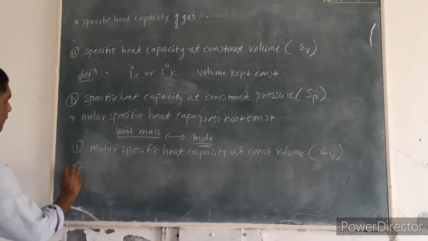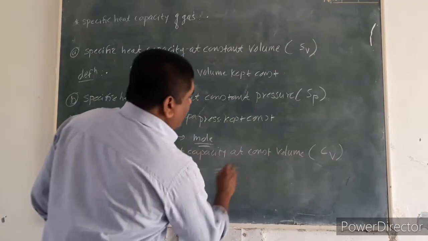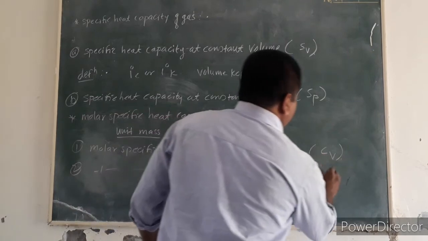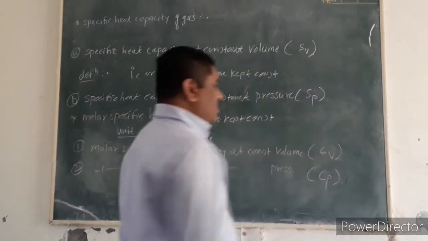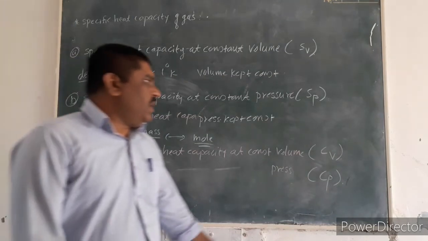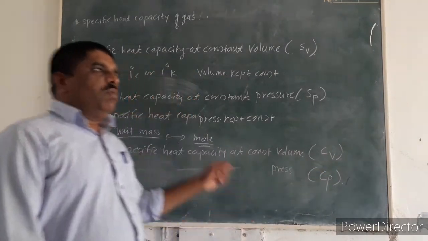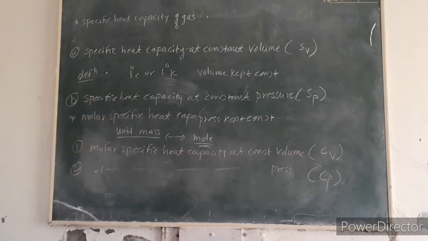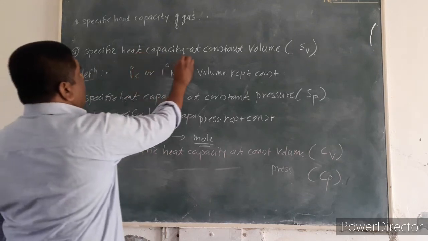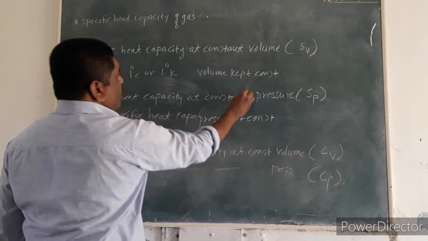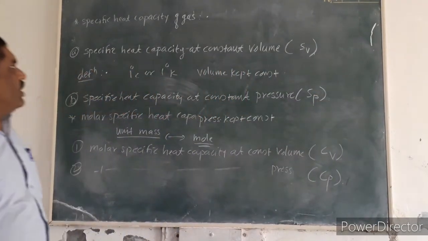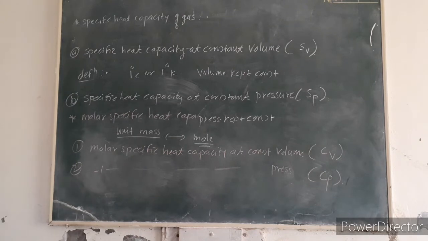And the second type, the molar specific heat capacity at constant pressure, is denoted as CP. CP and CV are the molar specific heat capacities in case of gas molecules, and the specific heat at constant volume and pressure, SV and SP, is called the specific heat capacity.